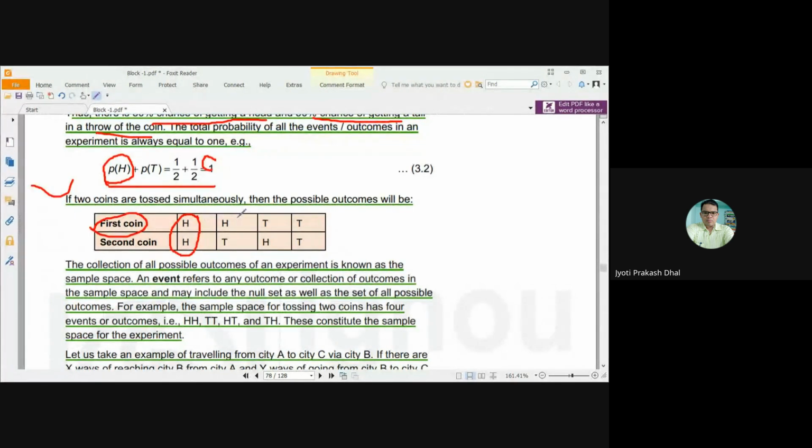There will be a chance that the first coin will be head and the second will be tail. Another chance is the first will be tail and the second will be head. And another chance is that both coins will be tail.